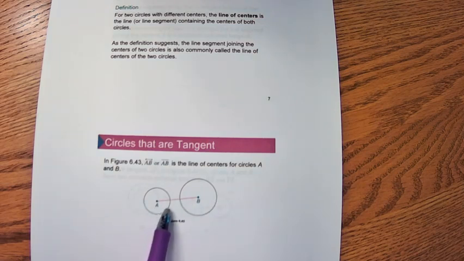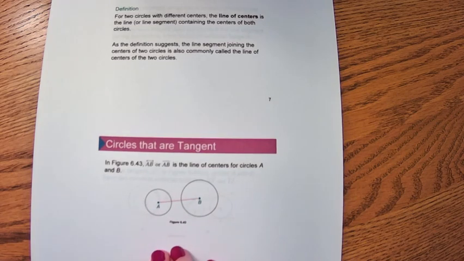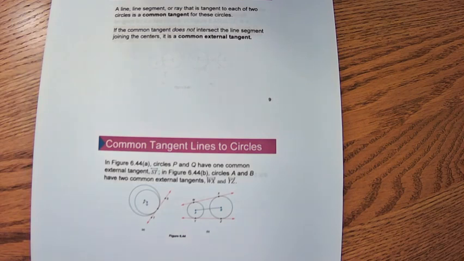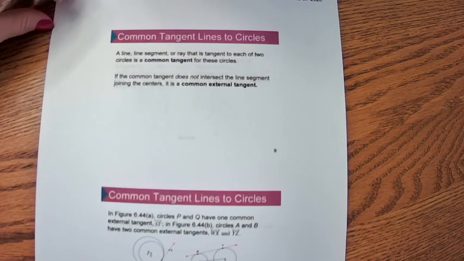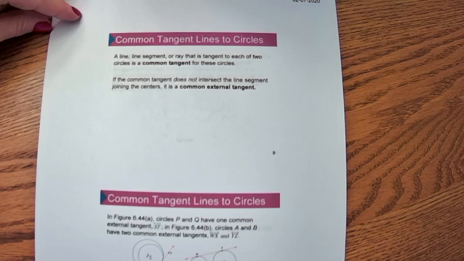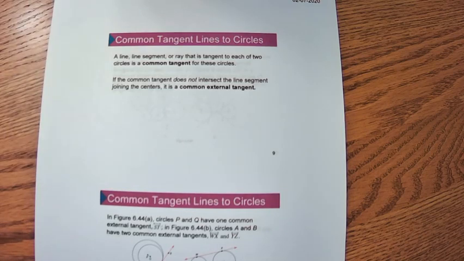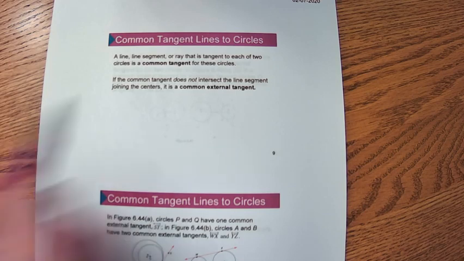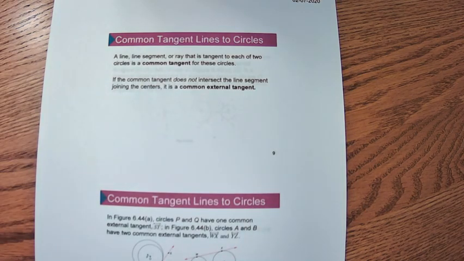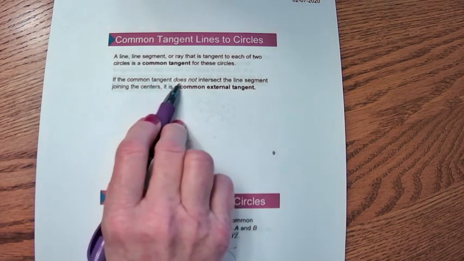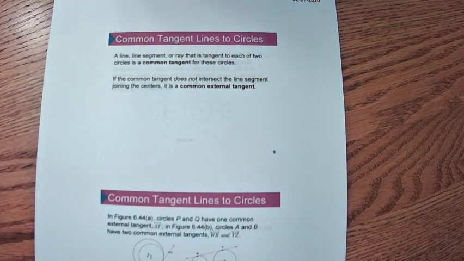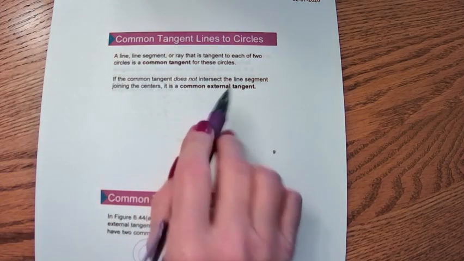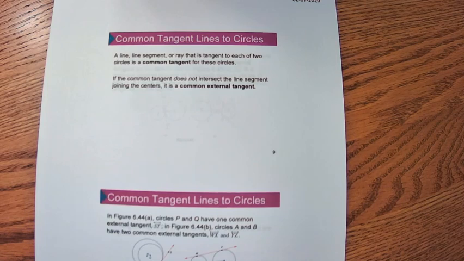Line segment AB is considered the line of centers for circles A and B. So a line, a segment, or a ray that is tangent to each of the two circles is a common tangent. And if the common tangent does not intersect the line of centers, it is a common external tangent.